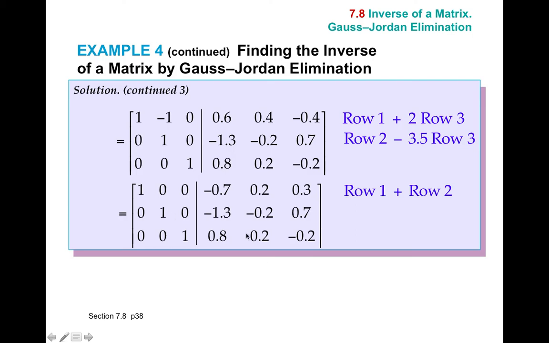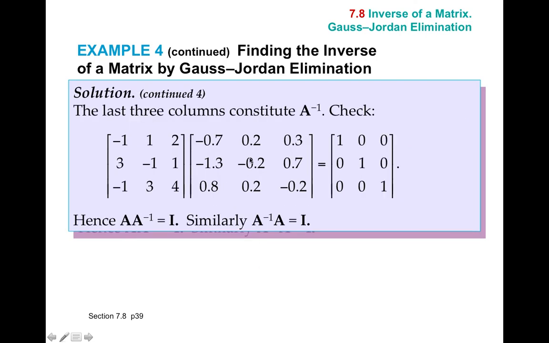If we do that, then the matrix on the right turns out to be the inverse of our original matrix A. So this is the identity matrix, and this is A minus 1. You can check that by multiplying these two matrices together; you should get the identity matrix. That's just an example of how to take the inverse of a matrix using Gauss-Jordan elimination.